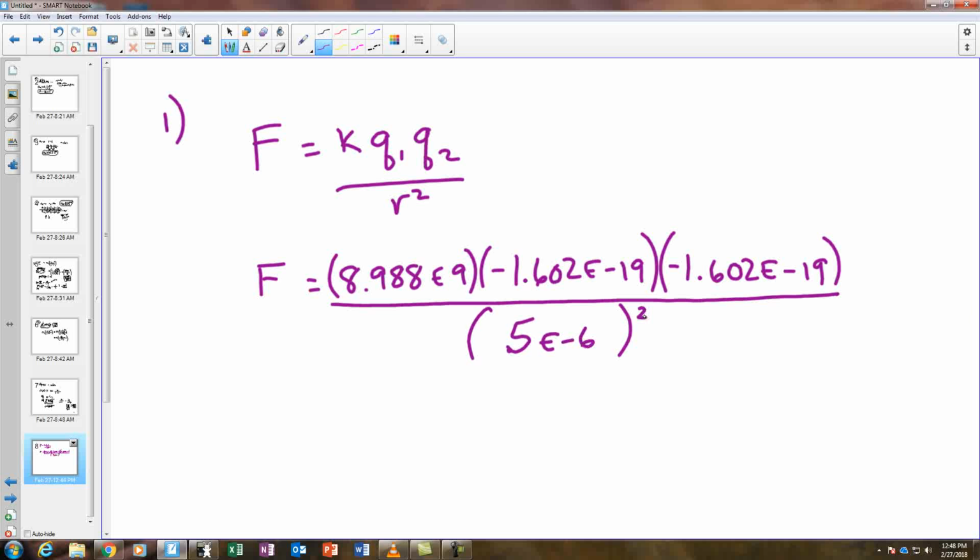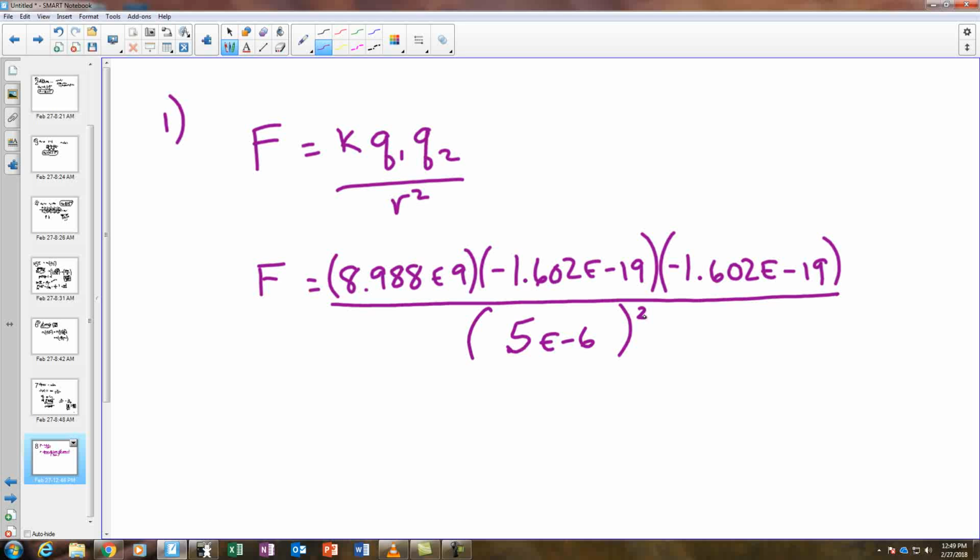I'm just going to grab my own calculator that I have here in my hand and just run this. 8.988 E9 times 1.602 E negative 19 times that 1.602 E negative 19. And I'm going to divide that by parentheses 5 E negative 6, close parentheses, squared.